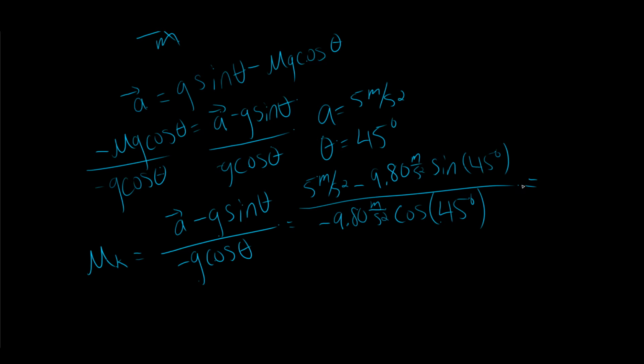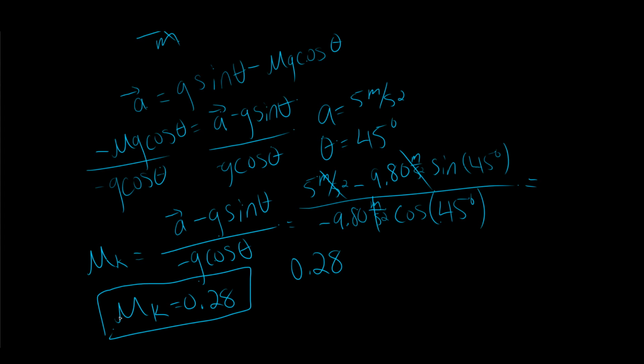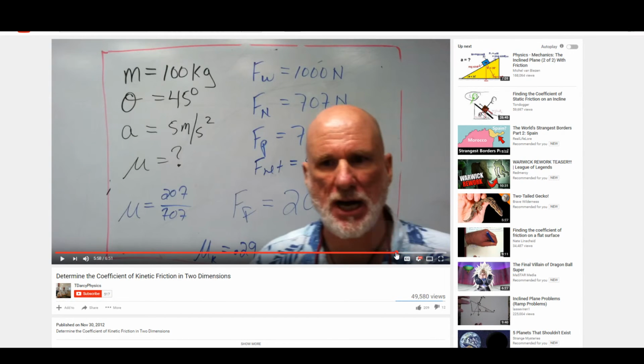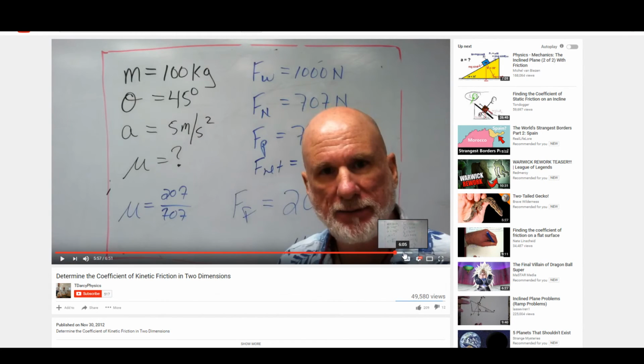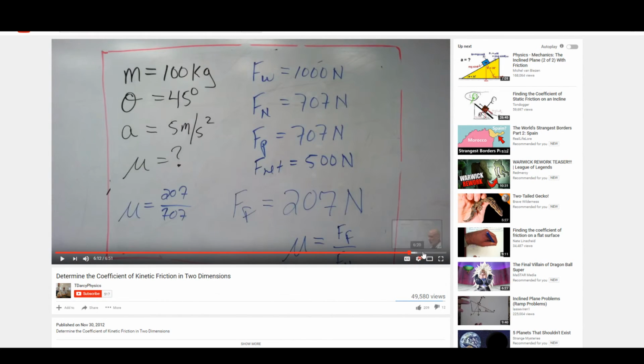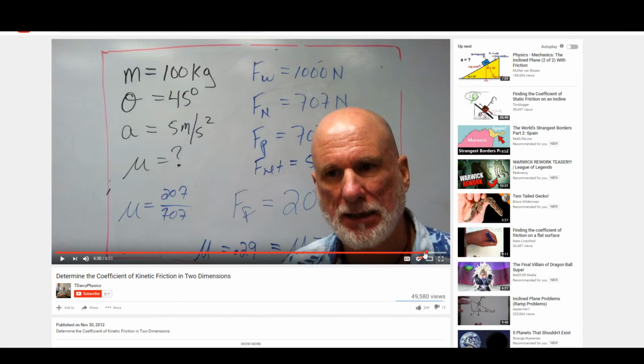Alright, I get approximately 0.28, and this is unitless by the way, because the units cancel. So mu sub k is equal to 0.28. Let's see if it matches. If you see in the background here, it does end up matching, 0.29, 0.28. It was just a rounding thing.